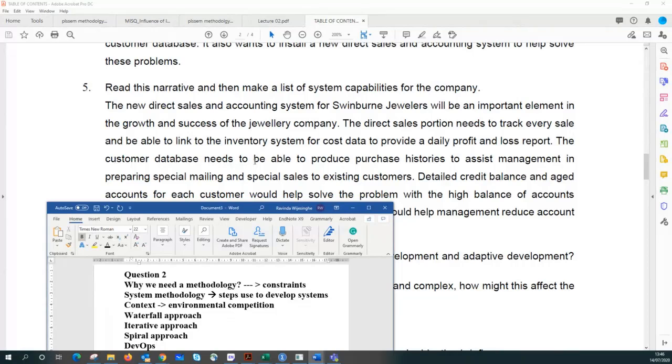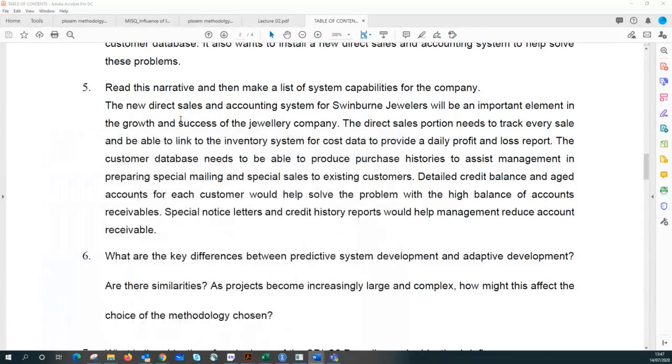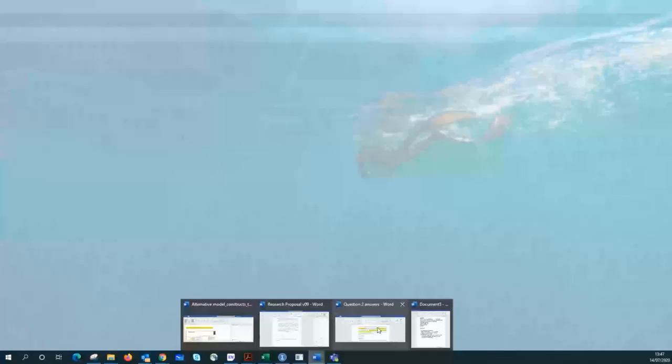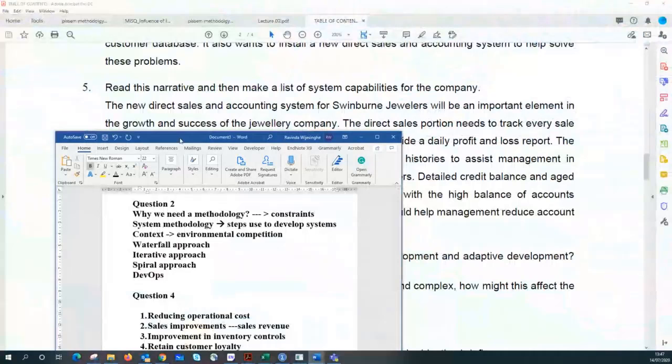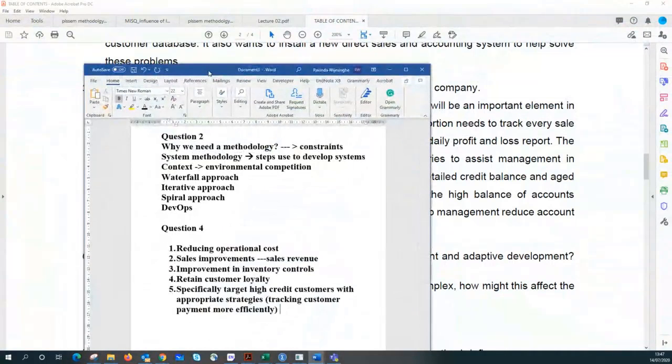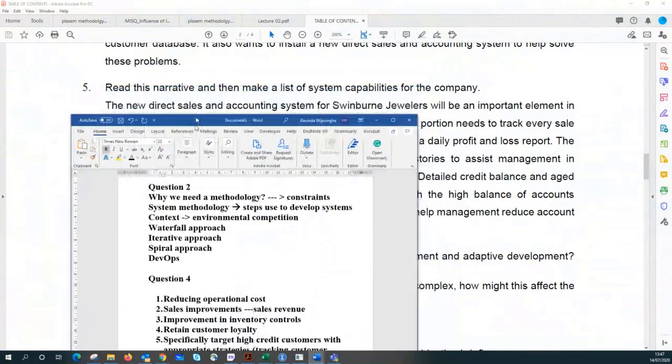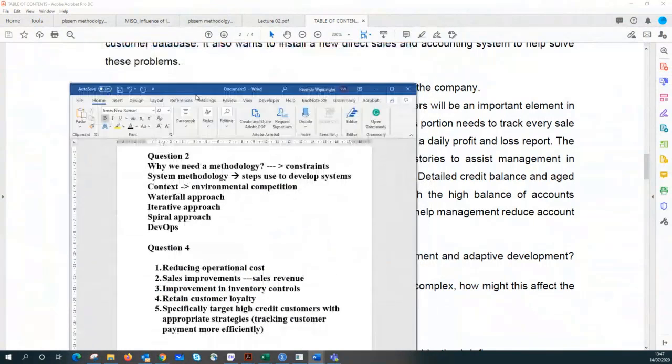The customer database needs to be able to produce purchase histories to assist management in preparing special mailings and special sales to existing customers. That is exactly what we talked about earlier, that we need the capability to target the customers, right? So that is what we talked about earlier.